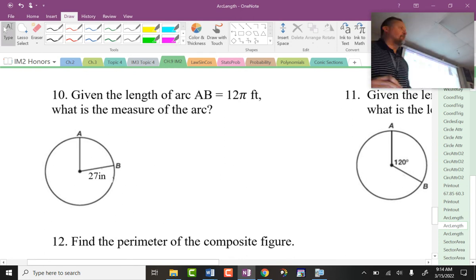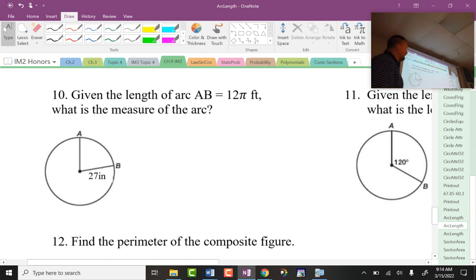Okay, I guess I have to do this one. Problem solving. I really shouldn't have to, though. You should be able to look at this and say, all right, I gotta do something, not nothing. I used to tell my CAT students that all the time. Don't do nothing, do something. So given the length of an arc, I have the arc length formula.